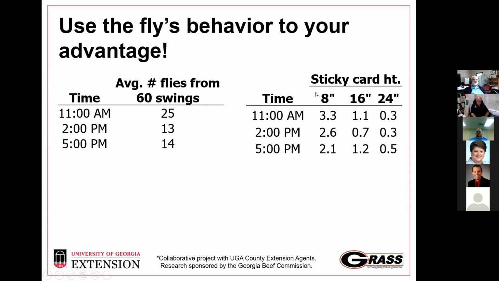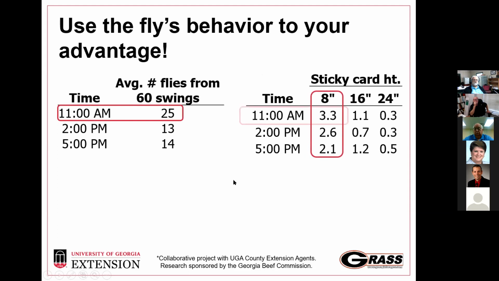They also looked at the height of a sticky card, and how many adult flies would be captured at those different heights. From that kind of observation, the conclusion is that the adult fly is most likely to be in the canopy earlier in the morning, and it's going to be deep in the canopy, not higher than a foot or so.